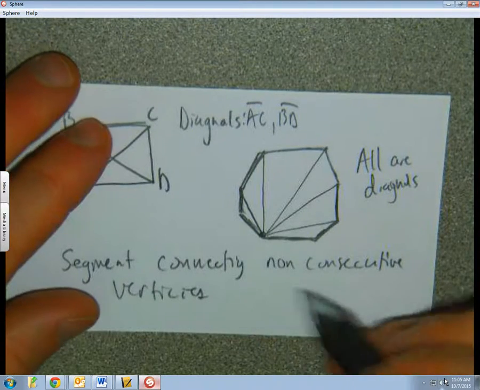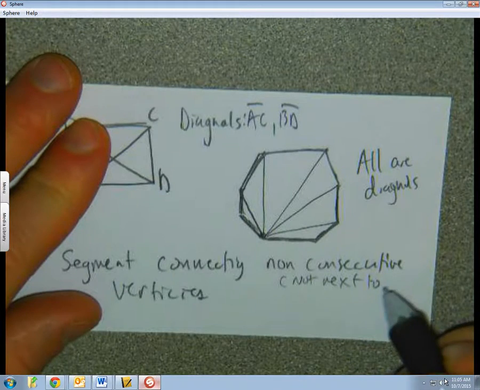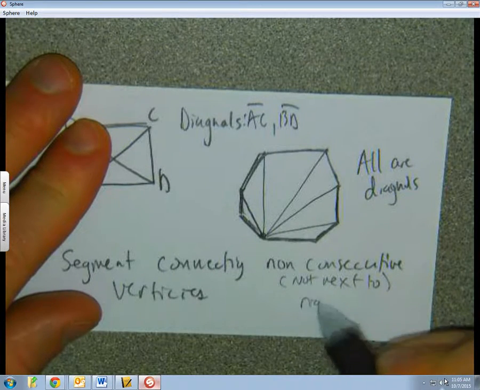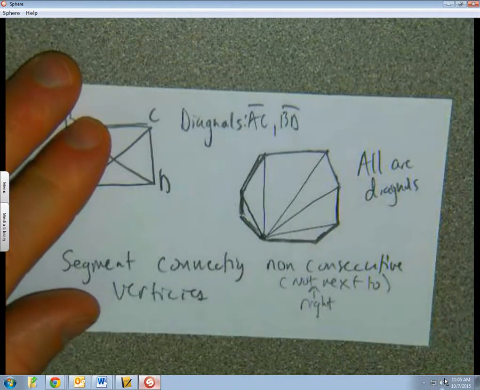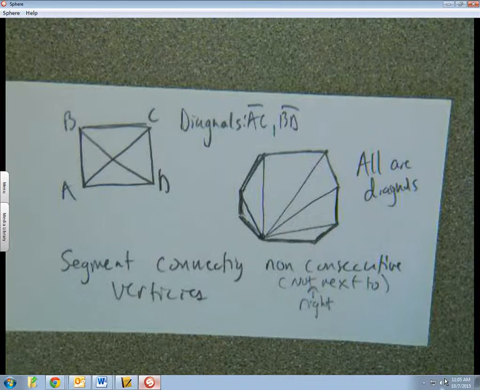Non-consecutive is not next to, not right next to. Okay, so that is that. Hopefully that helps, and we're going to do a little activity to see if you can create some of this stuff and label it correctly, and we'll come back together in a little bit and work on that.